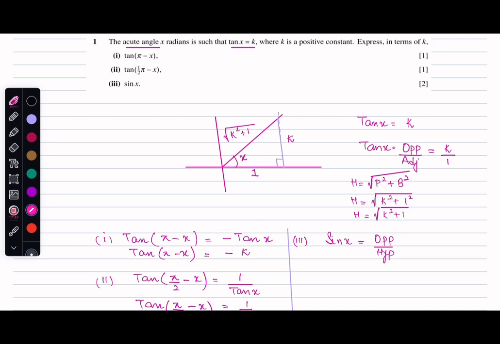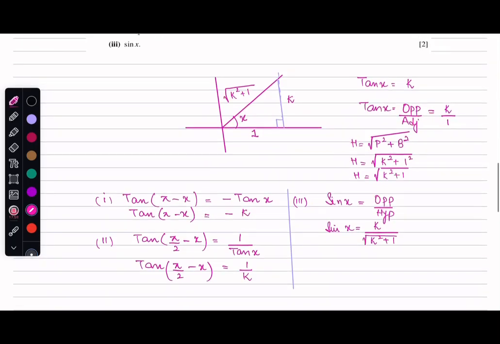So sine of x equals the opposite, which is k, divided by the hypotenuse, which is the square root of k square plus 1. These are simple 1 mark questions that we are supposed to solve, and this is how, with respect to the identities, these questions get solved.